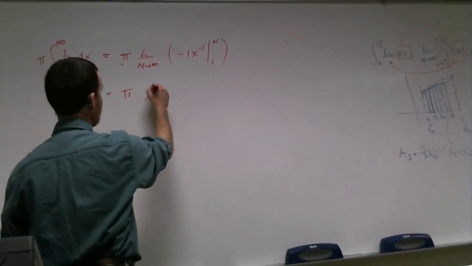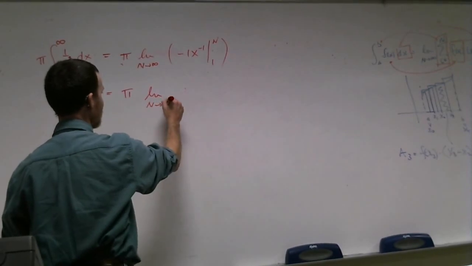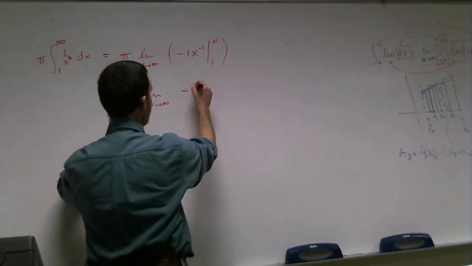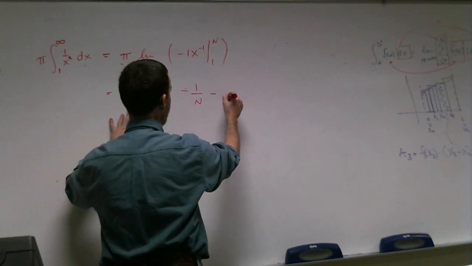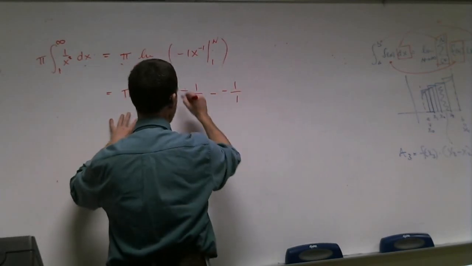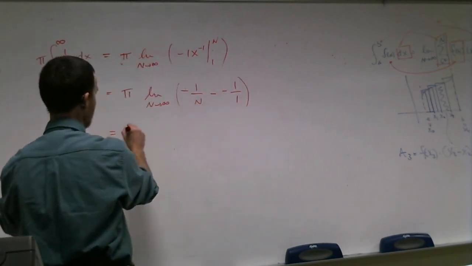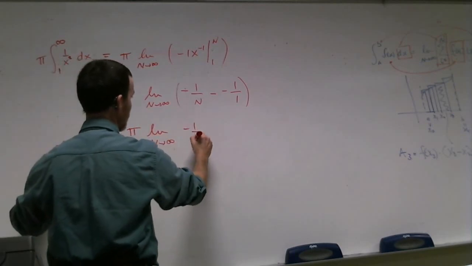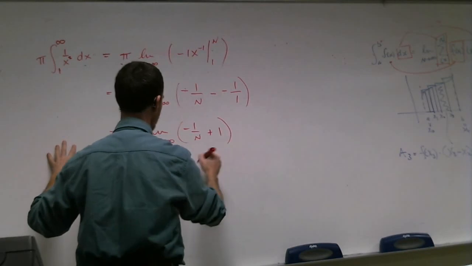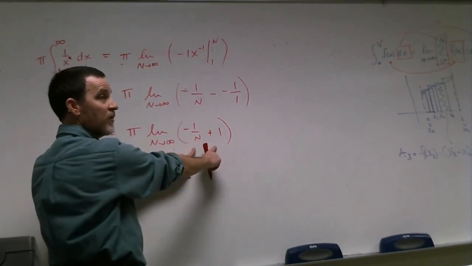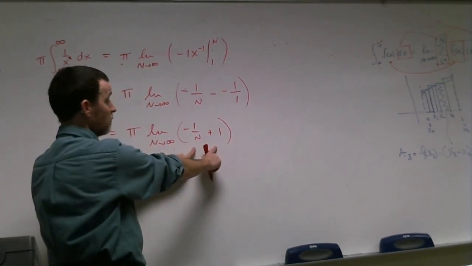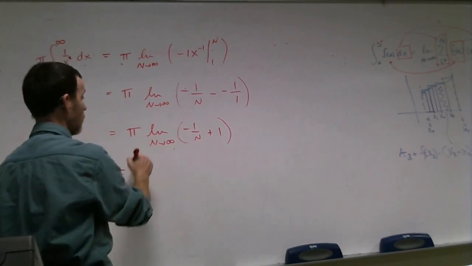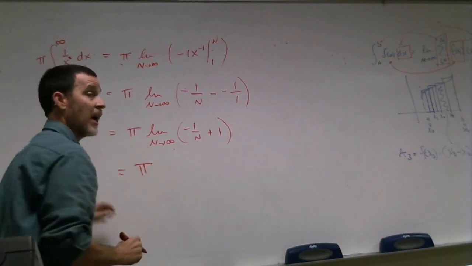Equals pi times the limit as n goes to infinity of negative 1/n minus a negative 1/1. Pi times the limit as n goes to infinity, negative 1/n plus 1. What's this go to as n goes to infinity? 1. What's the whole thing then? Pi.